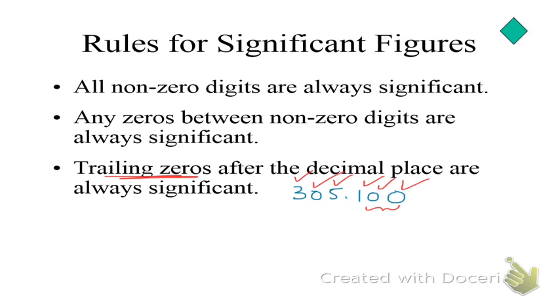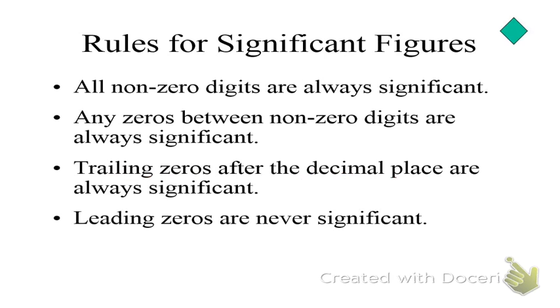So zeros are what throw us off. If they are leading zeros, they aren't significant. Leading zeros only work for small numbers. For instance, here's an example of leading zeros: 0.000521. Those are 3 leading zeros. They're placeholders.